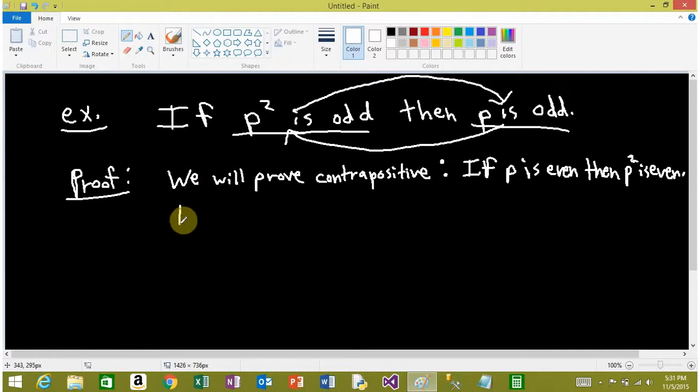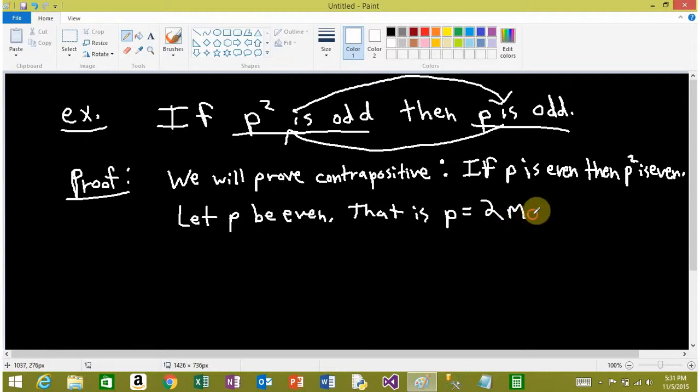So we're going to let P be even. And so that is, let's say P is equal to 2m, where m is some integer.